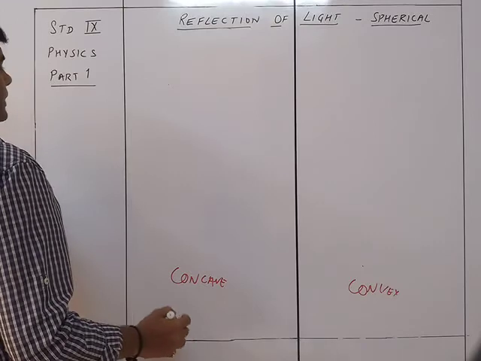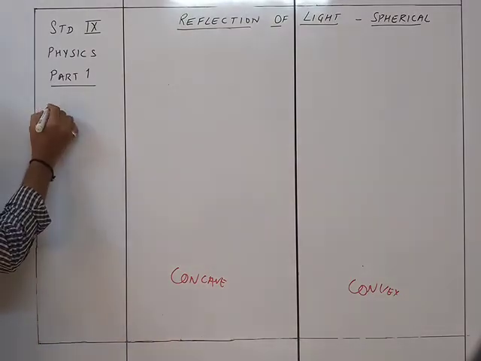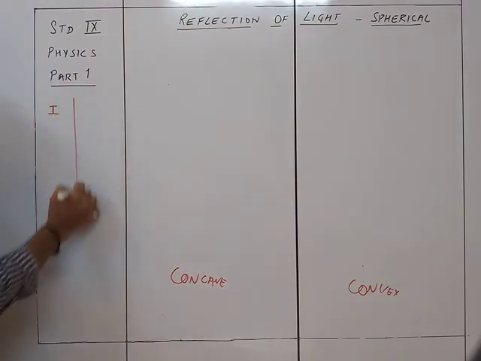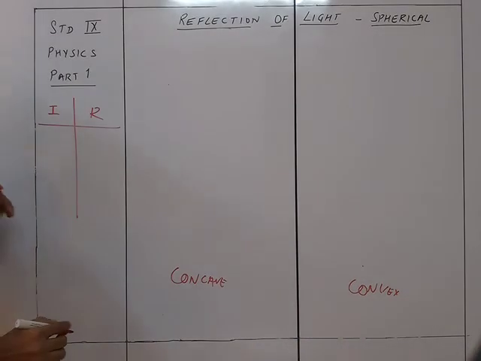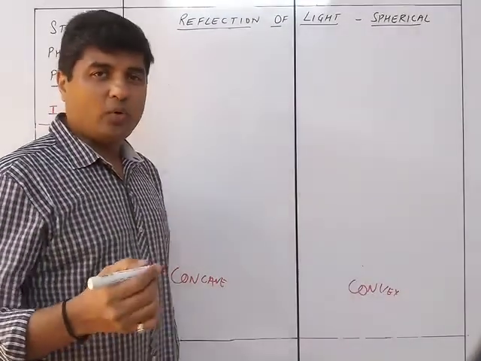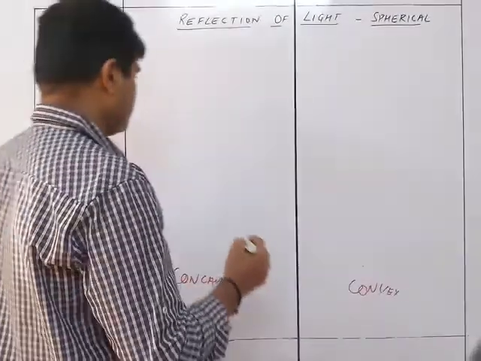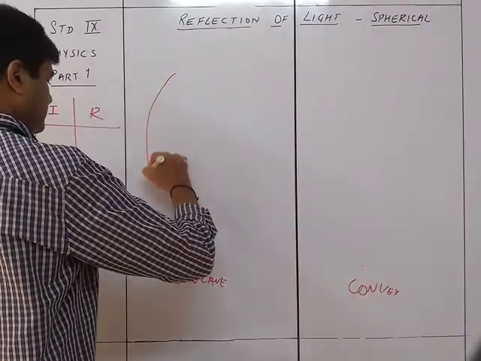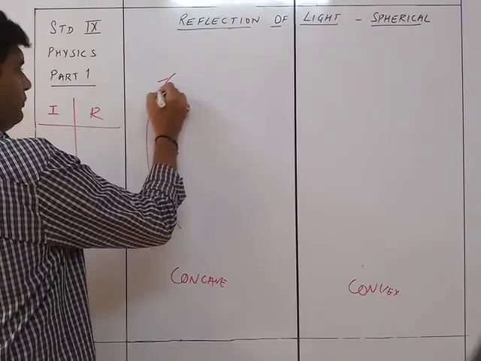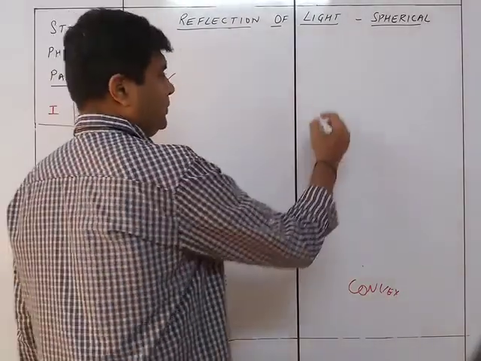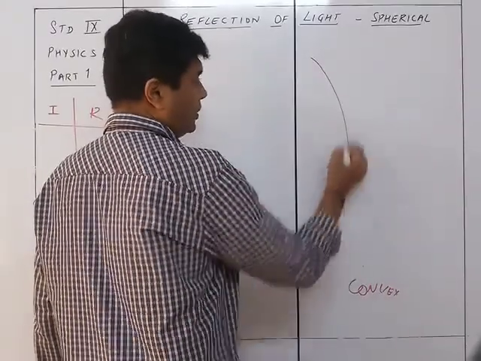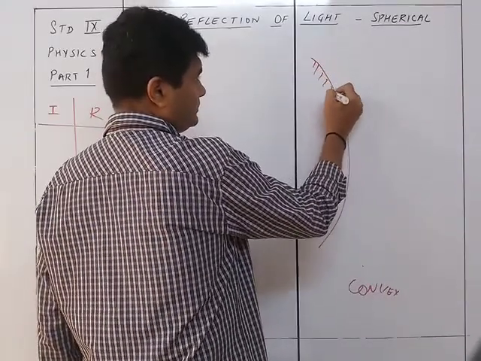I'll write here incident ray, reflected ray. How is the incident ray and what happens to the reflected ray? So first of all we have this concave mirror, and on the other side we have this convex mirror.